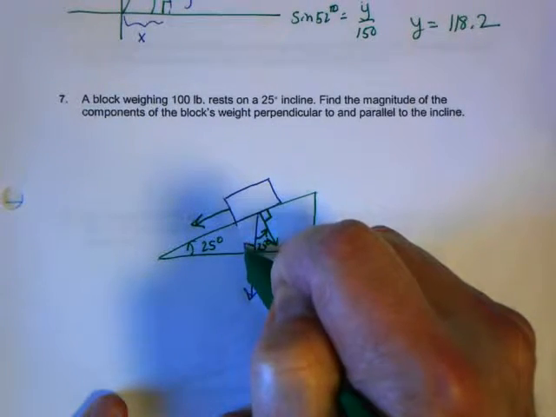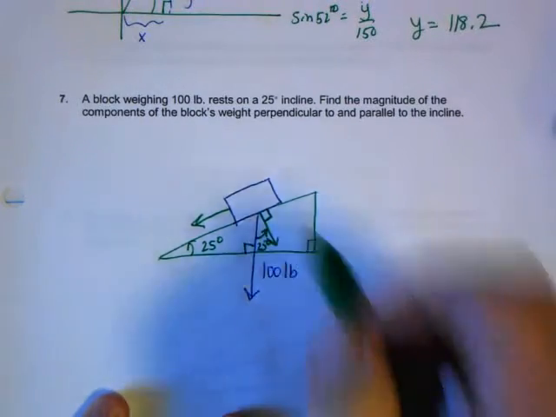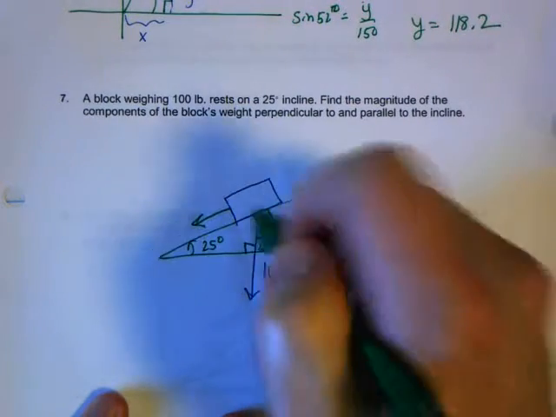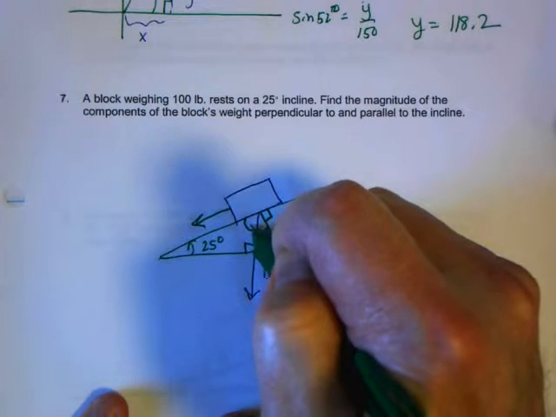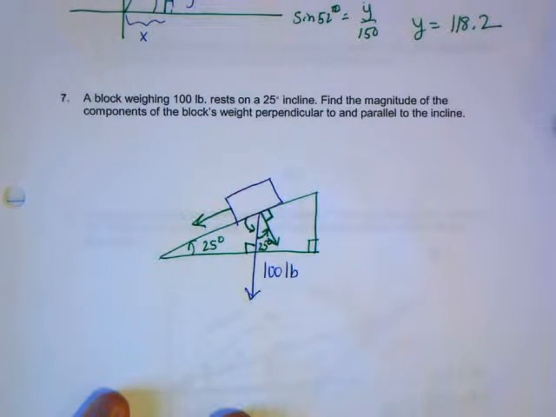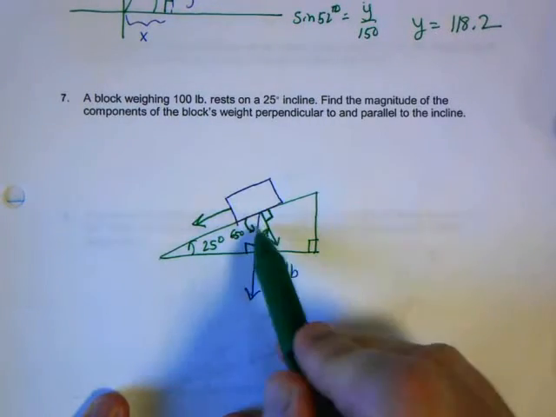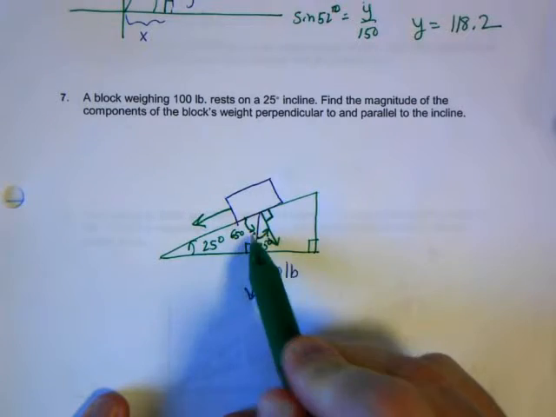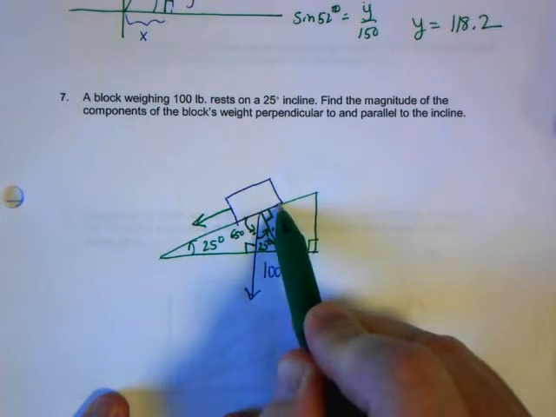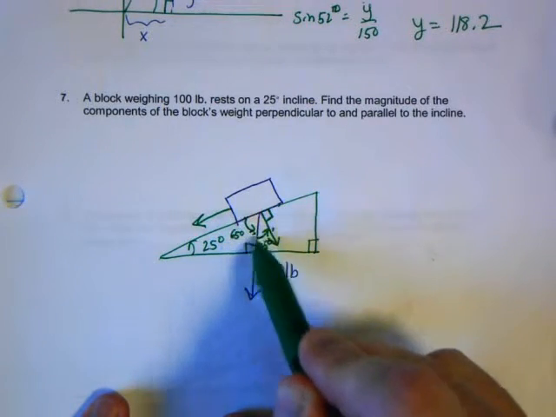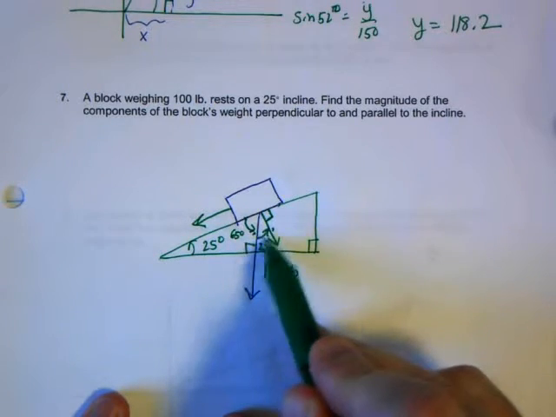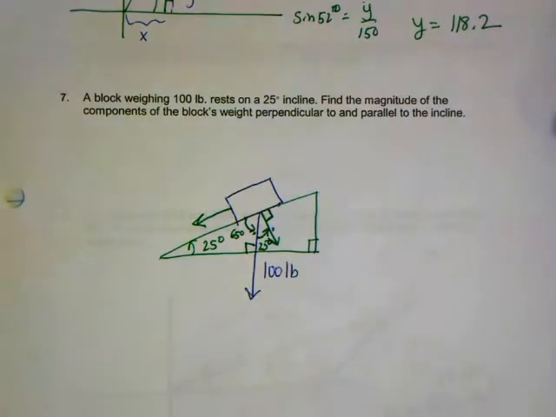Then you can find the angle on top. So this would be 90 degrees minus 25 degrees, and that would be 65. So you're right. I have to have 65 plus 25 plus 90 to get that whole 180 degrees. So that little angle right there is 25 degrees. Okay?